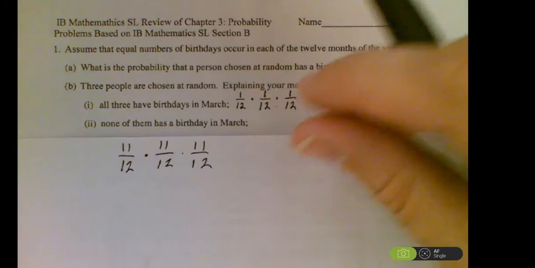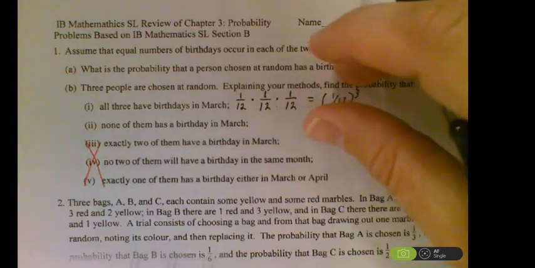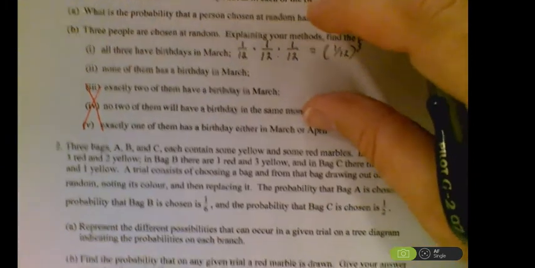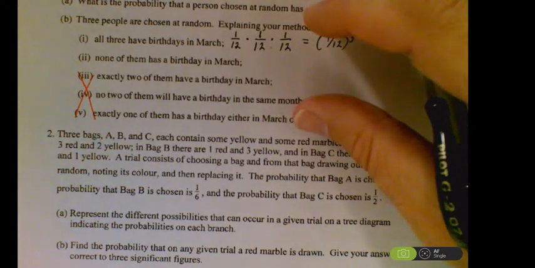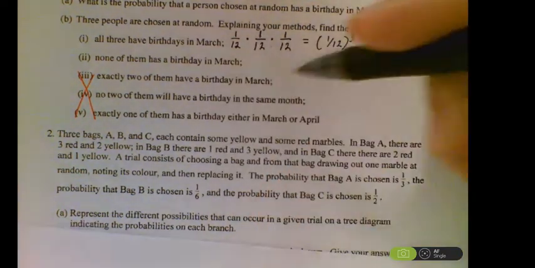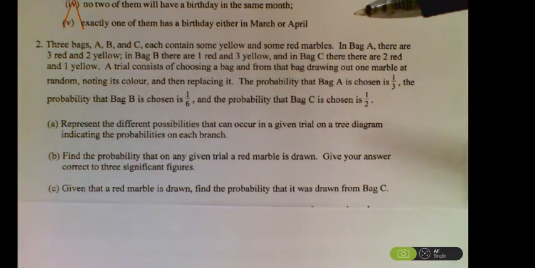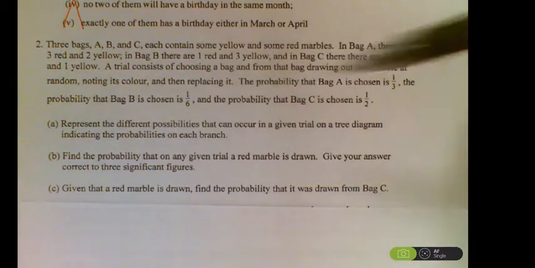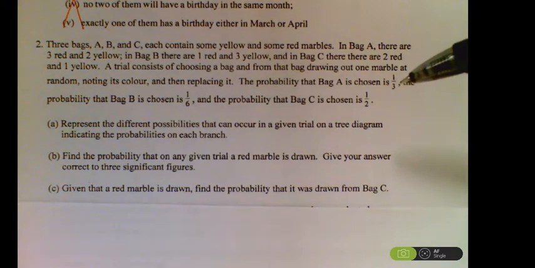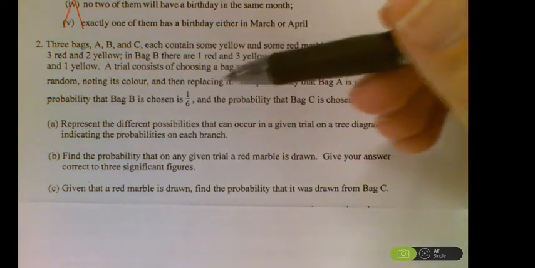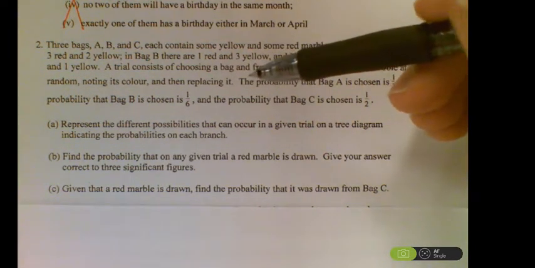So now we're jumping down to problem 2, looking at parts A and B. Alright, so we're given 3 bags. Some yellow, some red, bag A. It goes on to give us all the description for the bags. A trial consists of choosing a bag. That's the first thing we've got to recognize: the first thing we're doing is just choosing a bag.